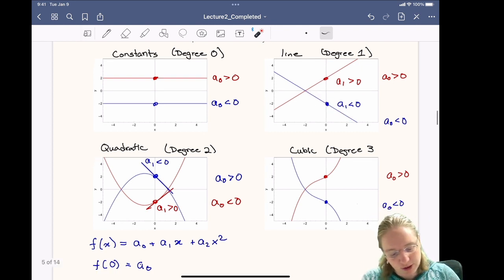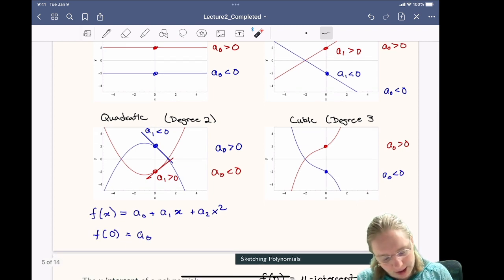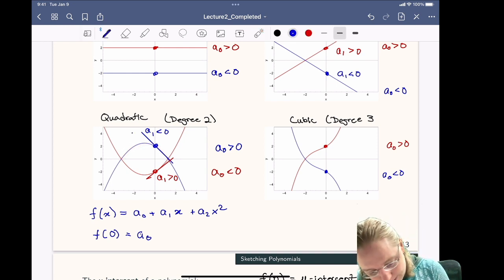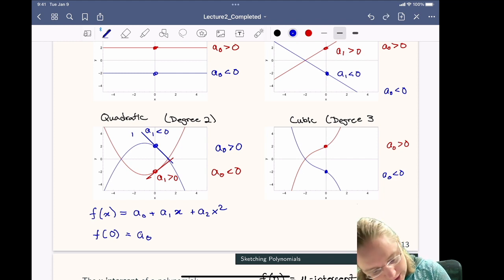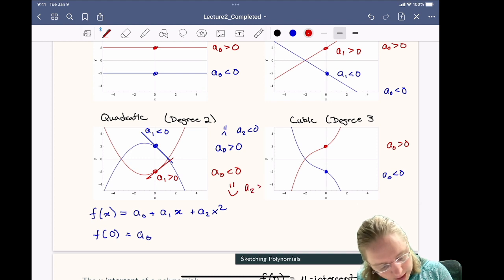Similarly, we have a little trick to figure out what a2 is in the case of a quadratic. If we see a frowny sad face, then a2 is negative. So a sad face means that a2 is less than 0. If we have a happy face, then a2 is greater than 0.